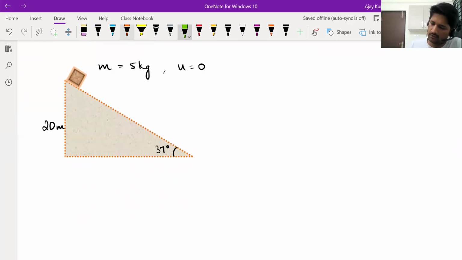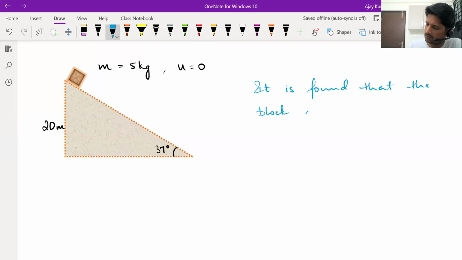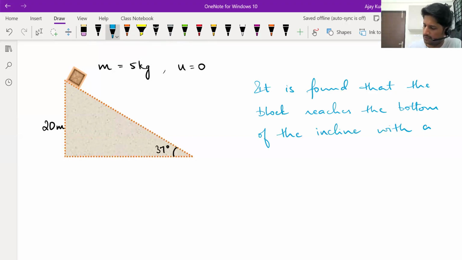It is found that the block reaches the bottom of the incline with a speed of 10 meters per second.